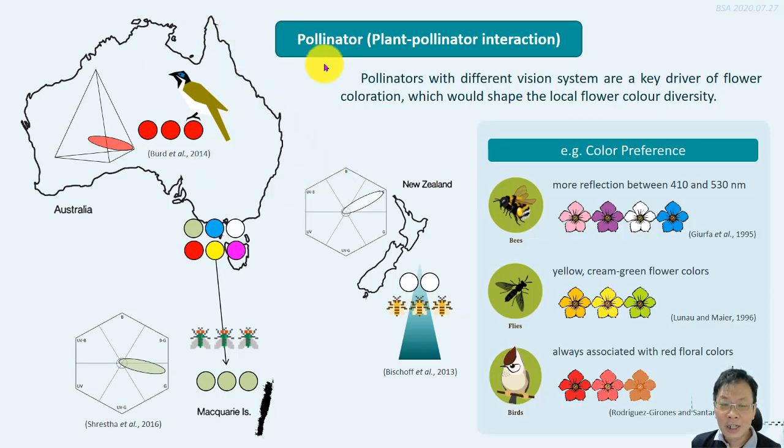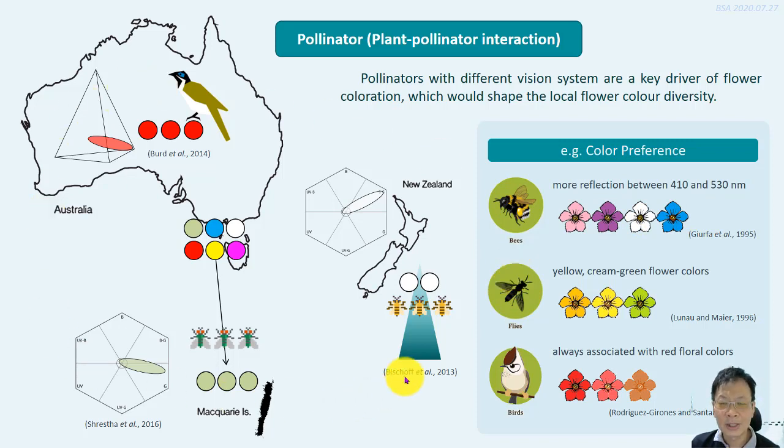What is flower color diversity usually reflected to? Flower color diversity usually reflects different pollinator selection, because different pollinators like different kinds of color: birds like red colors, bees like all different kinds of colors, and flies mainly like bright yellow or green colors.